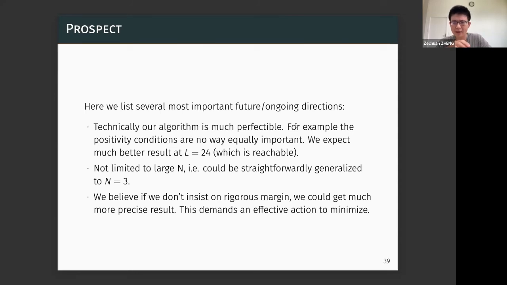Actually, this demands a new effective action to minimize. We are no longer minimizing or maximizing the plaquette average, but we need to figure out some new effective action to minimize. If this is done, then we have more precision even at L max equals 16.